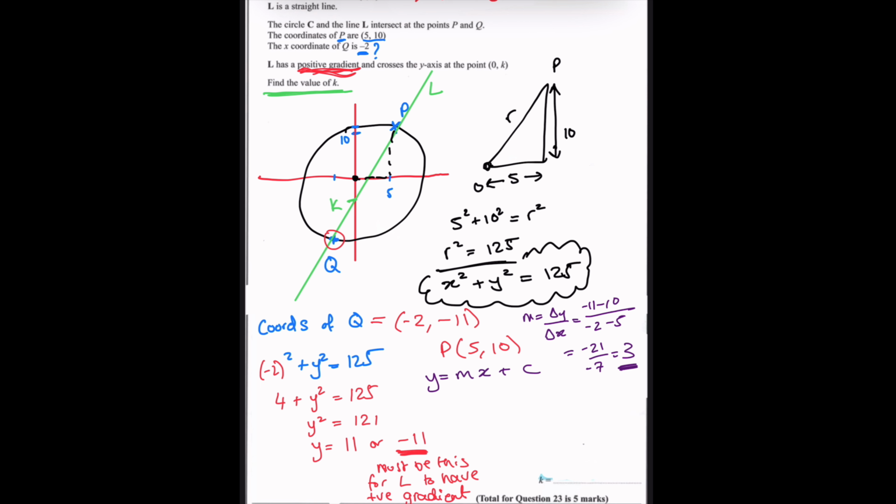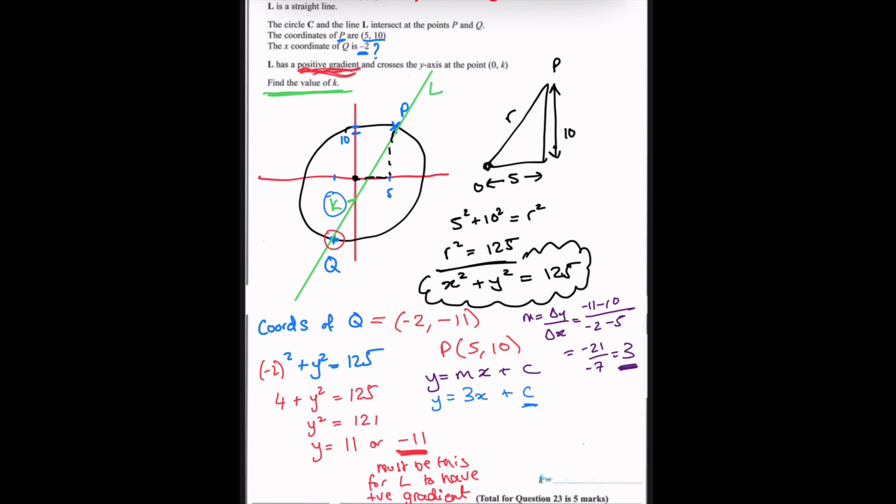So to find the c value, I'm substituting that into this equation. So y equals 3x plus c. And c is going to be the y-intercept. So c is what I'm looking for here. It's equivalent to k. Okay. So I can find this by substituting in a y value and an x value.